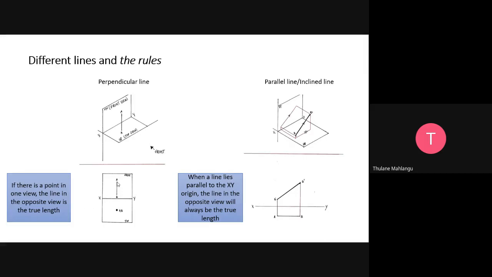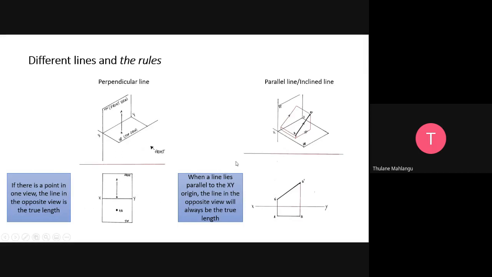If they give you the coordinates, they say point A lies 50 millimeters above the horizontal plane. You will measure that distance in the front view. So you'll measure from the XY up 50 millimeters. That's point A.